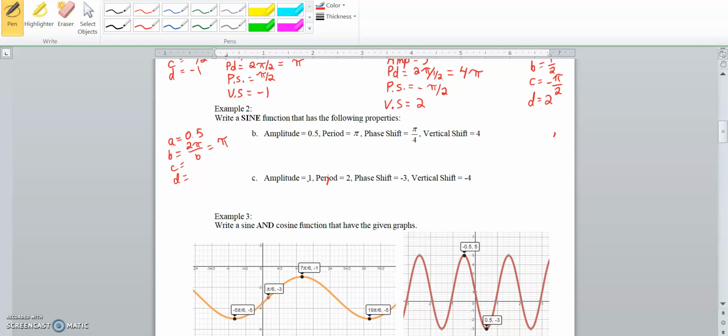So we need to figure out how to get b by itself. If we multiply both sides by b and then divide both sides by pi, we essentially flip these two in their position, leaving us with b is equal to 2. And then c, our phase shift, pi over 4, and d is just 4.